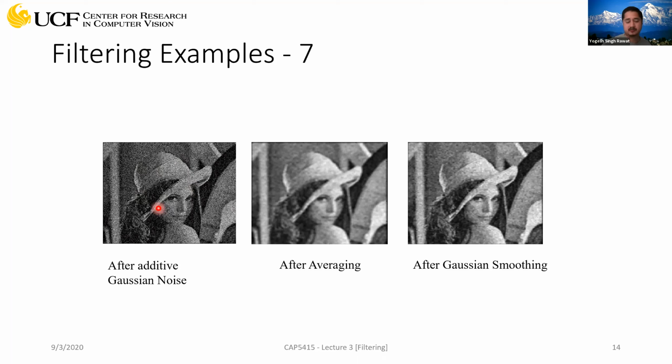In the real world we won't see this amount of noise, but it's just to give you an idea. After averaging, you can see that it's blurring it. Wherever you have noise, it will tone it down, and it's trying to reduce noise. And in this case, we are using a Gaussian filter, so this is the effect of Gaussian smoothing. You can't say which one is better, but both have different effects.